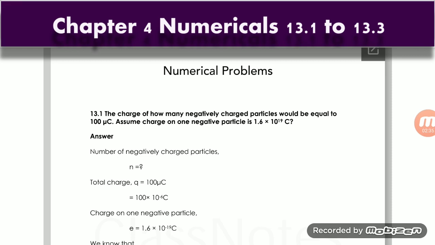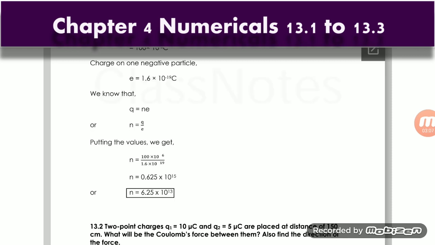Same thing we will apply here. n is equal to Q upon e, where Q is the total amount of charge and e is the charge of one negatively charged particle. We put the values, use the calculator, and we get an answer of 6.5 multiplied by 10 raised to power 13.